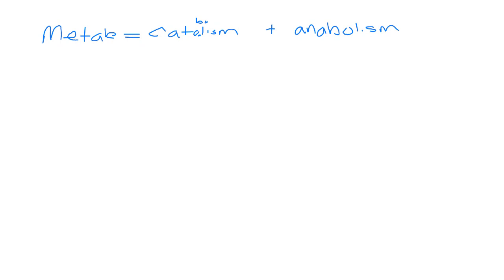You're going to take all the smaller components, all those pieces of wood, and put them together to build a structure. You're going to have to put in energy to do that. So again, catabolism is breaking large molecules down into smaller ones, releasing energy, whereas with anabolism, we are joining smaller molecules together to build something, so that requires an input of energy.